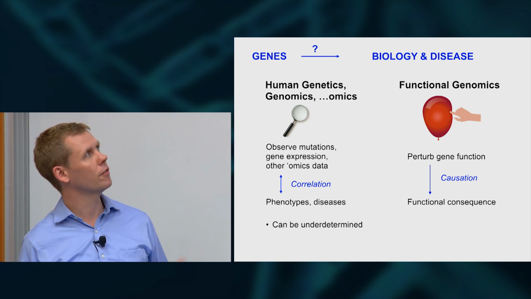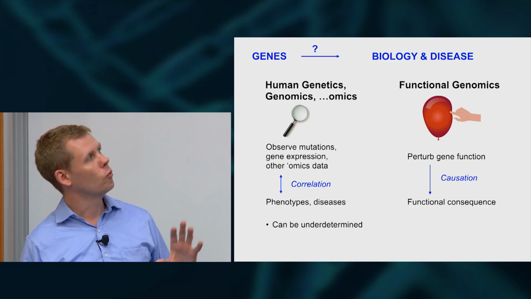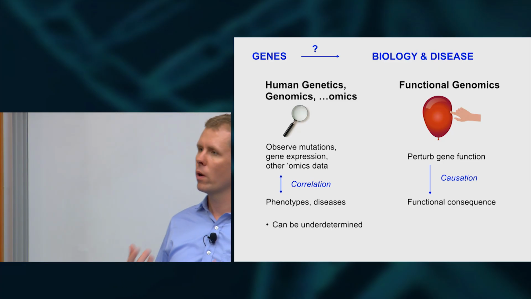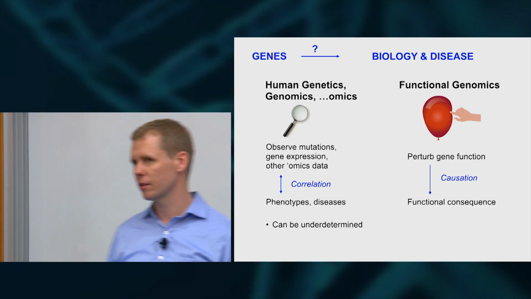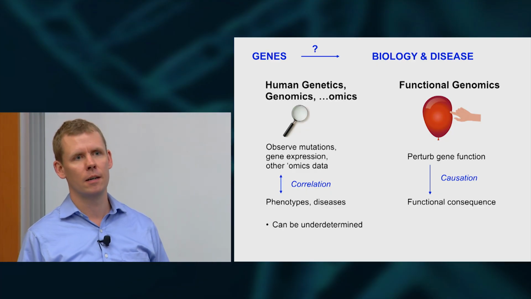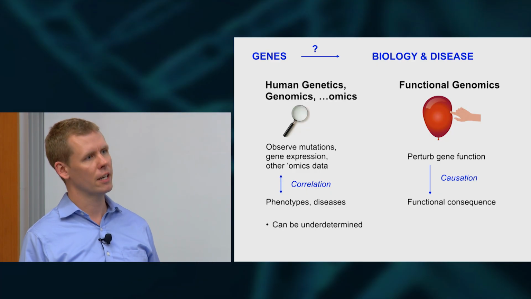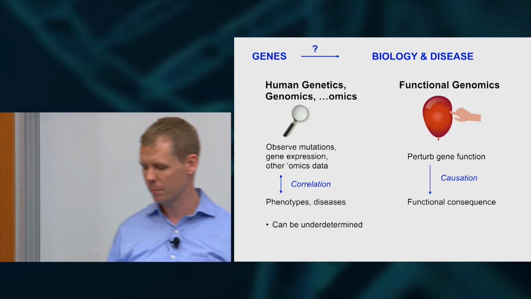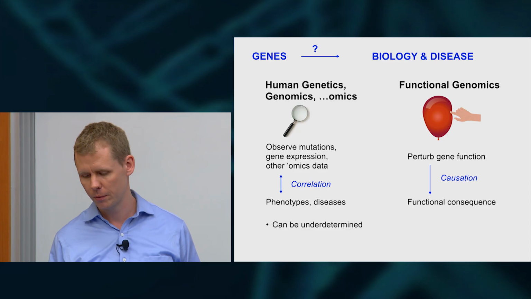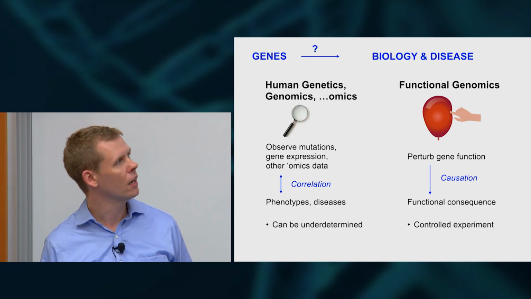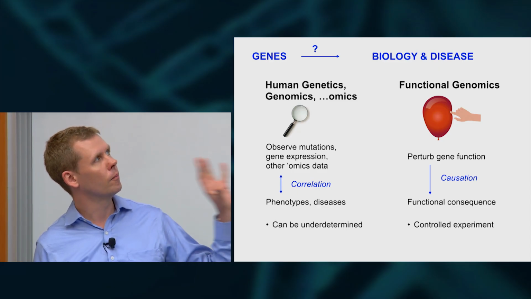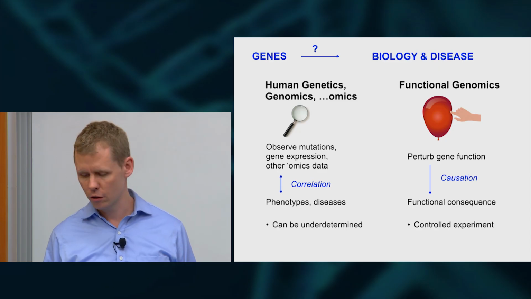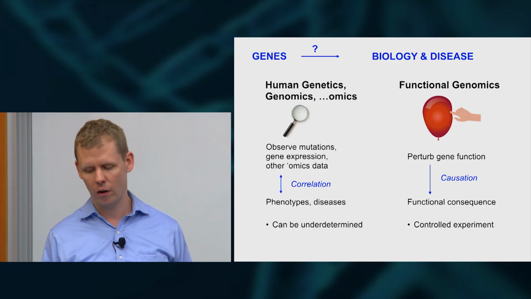Also, importantly, when we want to understand, for example, in cancer cells, what are the functional consequences of all genes in those cells, and we do that based on observing naturally occurring patient samples, we're really underdetermined. We're not going to be able to recapitulate all the possible mutations and all their combinations. Versus in a functional genomics experiment, we can actually design a controlled experiment in an isogenic background.